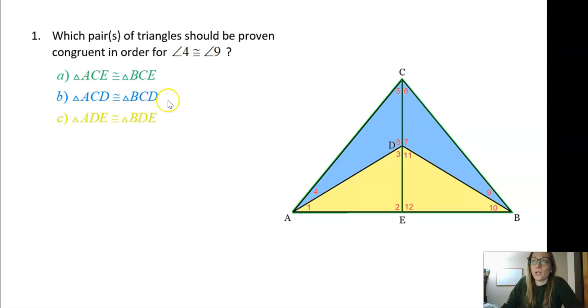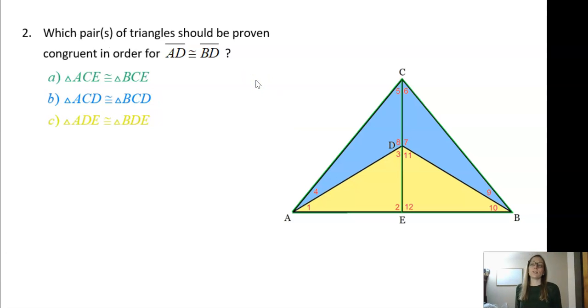Is it part of the blue triangle, the green triangle, which is this entire triangle here, or the yellow? Well, 4 is only part of the blue triangle. So in order to prove angle 4 is congruent to 9, I would need to first know that triangle ACD is congruent to triangle BCD. And if I knew those two triangles were congruent, then I can easily say angle 4 is congruent to angle 9 because they're corresponding parts of congruent triangles.